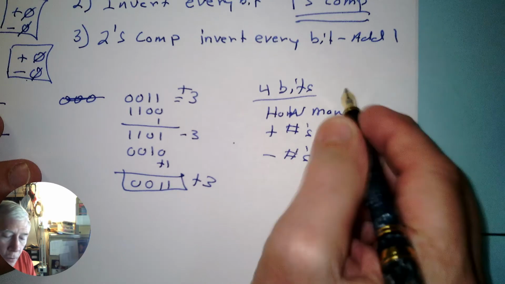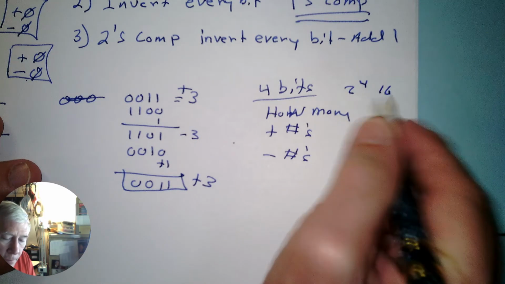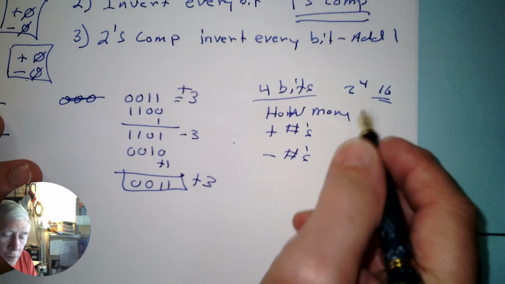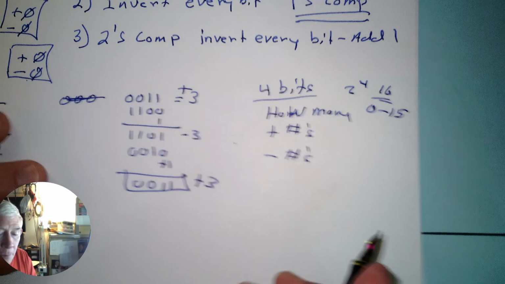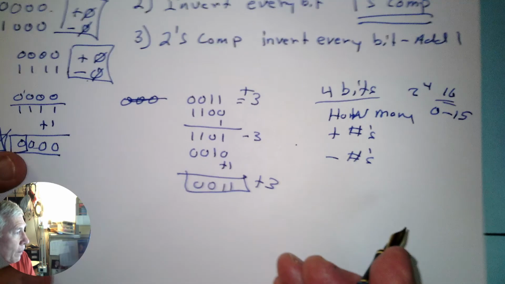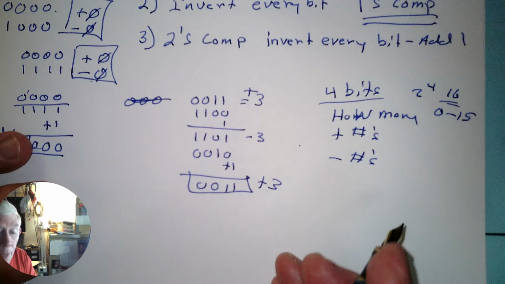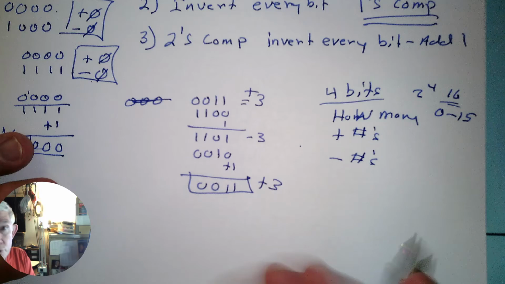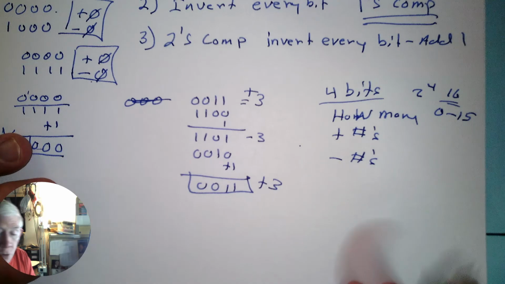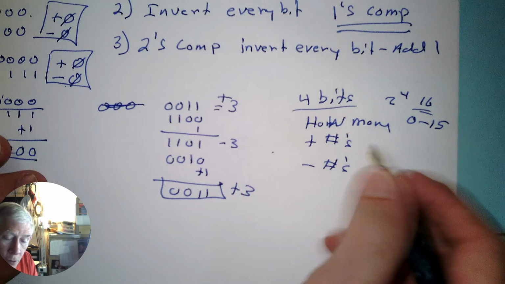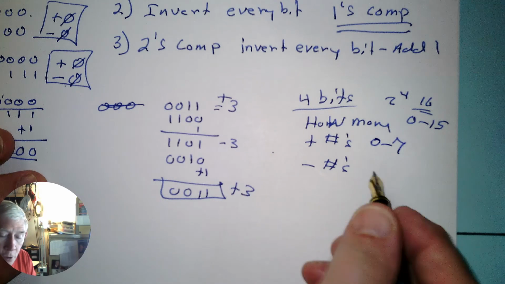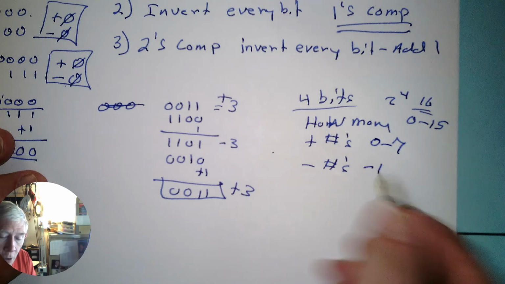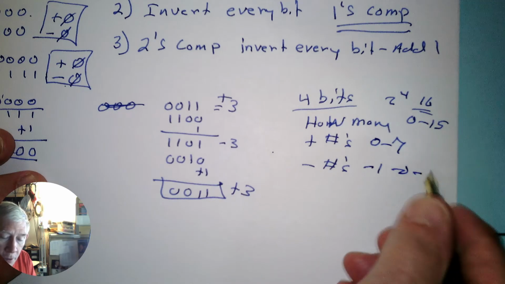That's 2 to the 4th, or 16. And that would be 0 to 15, right? How many positive numbers can you fit? Or how many negative numbers? Well, remember, 0 is a positive number. So it turns out, for the positive numbers, we can fit 0 to 7. And for the negative numbers, we can fit -1 all the way to -8.